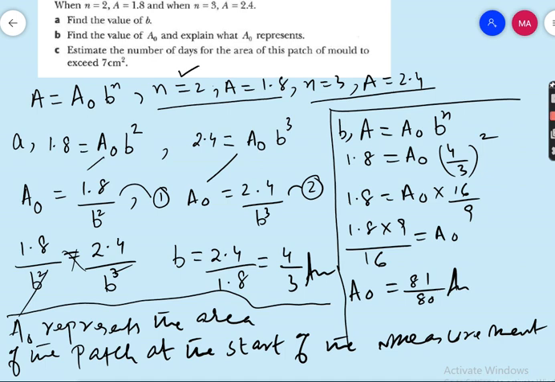So this is the complete answer of part B.